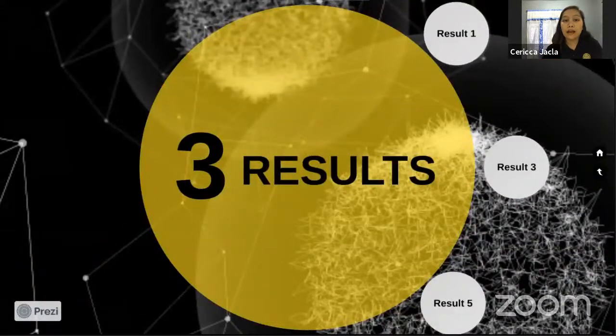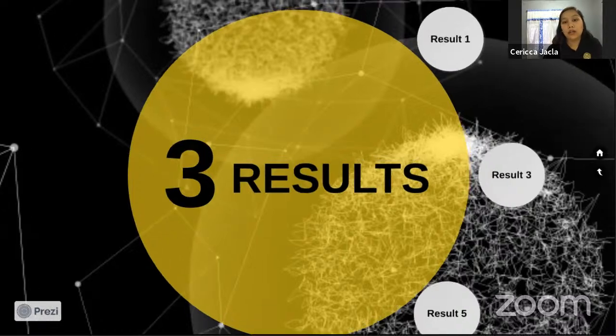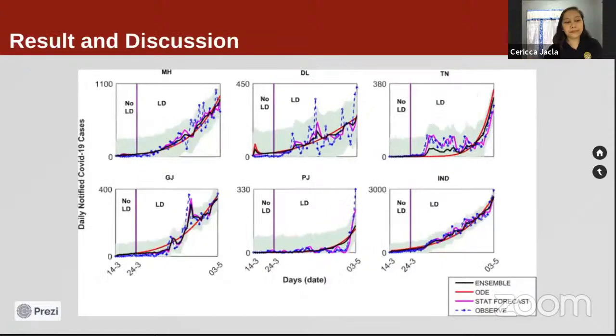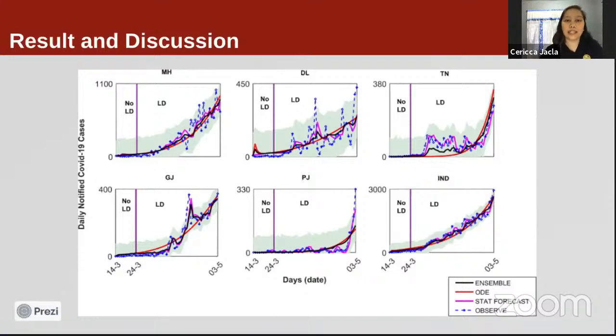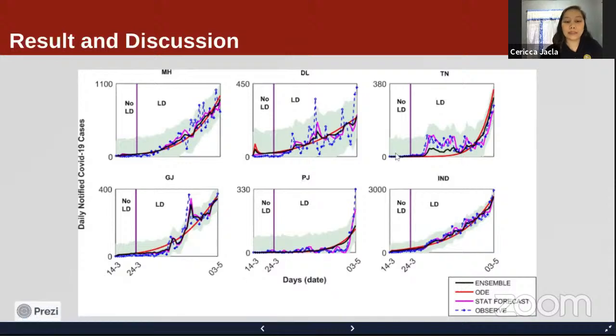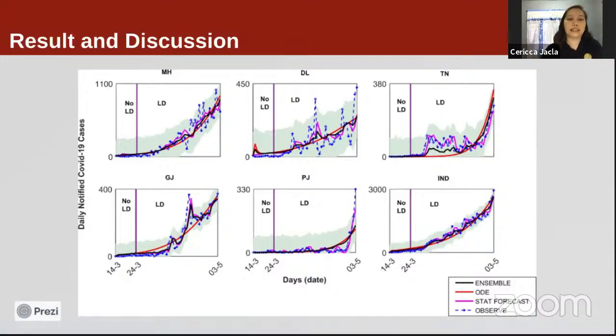So we now go to the discussion of the results. After our researchers simulated those models, these are their results. In this graph, the black represents the ensemble model, the red represents the ODE model, the pink represents the statistical forecast model, and the broken line represents the observed data.